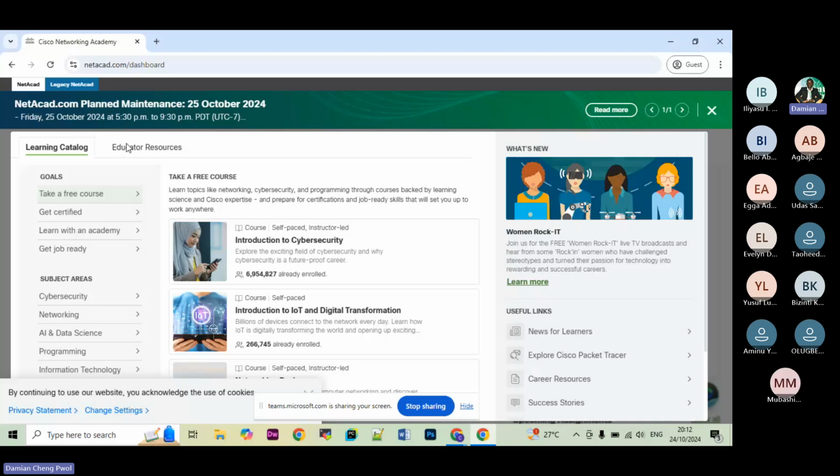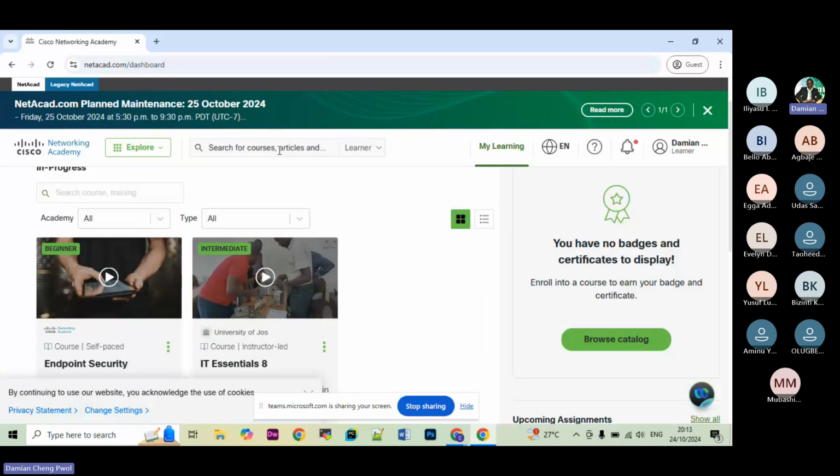There's a place for you to look at resources available to you. So let's close this. Within this area is a search area. Right now, I've logged in as a learner. Then you can also change your language. Usually these international languages like French, Arabic, you can also change it here.